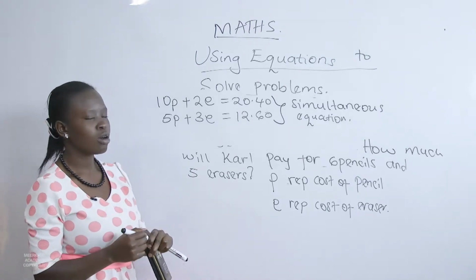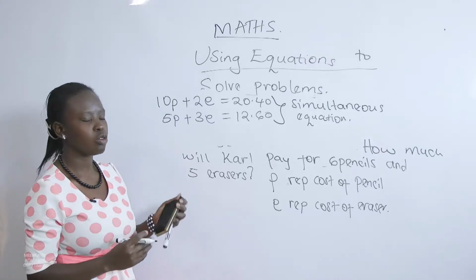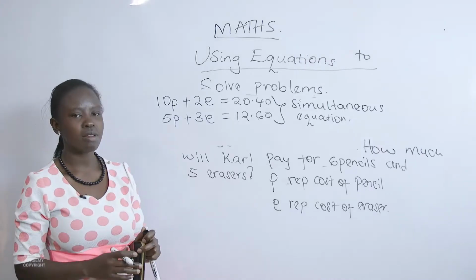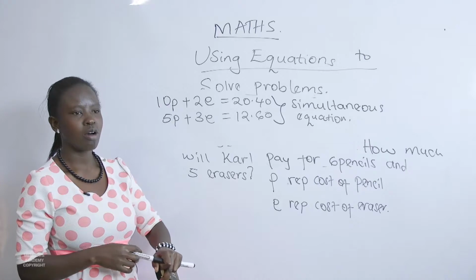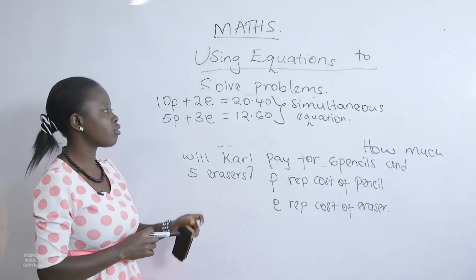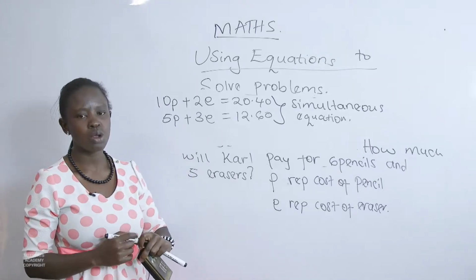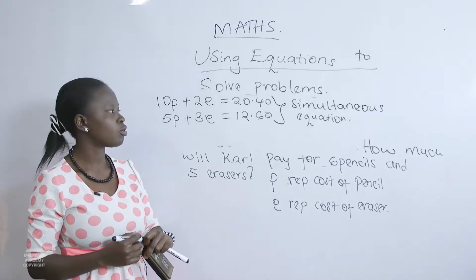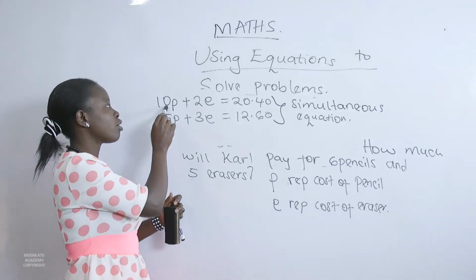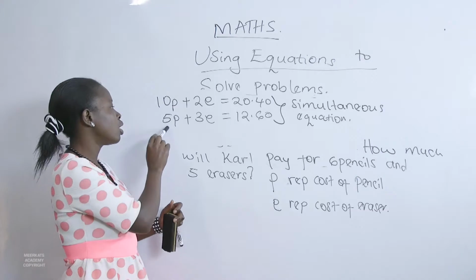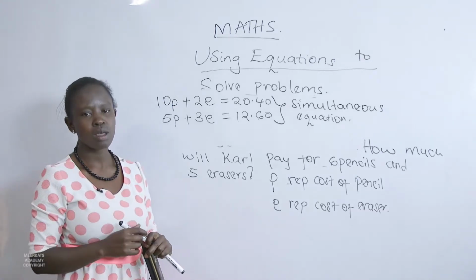For us to be in a position to eliminate, the coefficient of the given pronumerals in the first equation and the second equation should be the same. For instance, we have 10p in the first equation, we have 5p in the second equation.